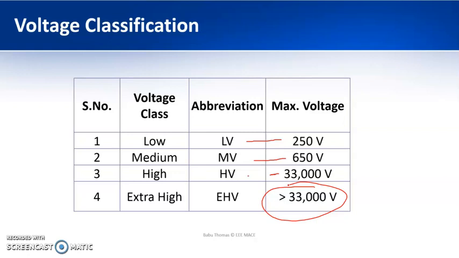So our generation is a high voltage generation. Transmission can be in high and also in extra high, and in our distribution we have the 250 volt system, the 230 volt single phase and also the 415 volt systems.